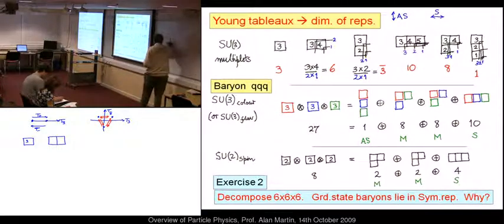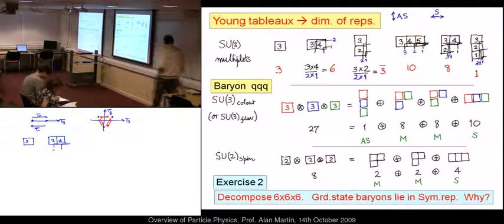When the boxes go in the horizontal direction, you increase the number from this 3 by 1. When they go in the vertical direction, you decrease the number. Then the dimension of the representation is the product of these numbers divided by the product of the number of boxes the hook path goes through. Now this path goes through 2 boxes there and 1 box there. So the dimension of this representation is 12 divided by 2 times 1, which is 6.